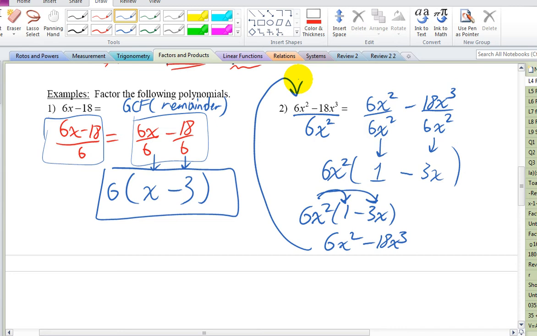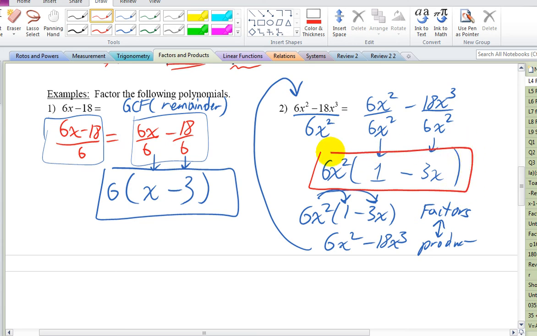So this here is the product, and these here are the factors. So you have to be able to multiply back and forth here. Multiplying, dividing. Okay? You guys okay with that? That's an important connection to make. It helps you check. So this is in fact your answer right here. Don't forget about that 1. We're going to throw this at you. Guarantee you, because it's a common mistake to put a 0 there.